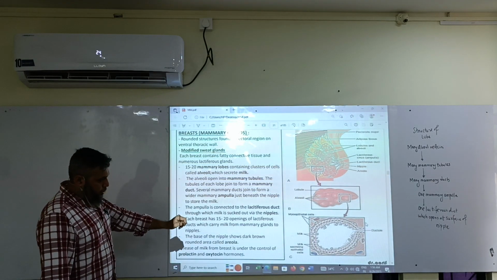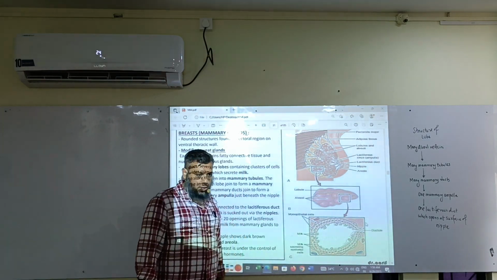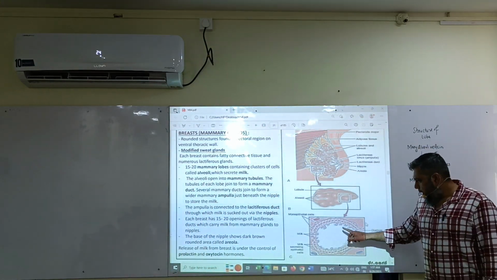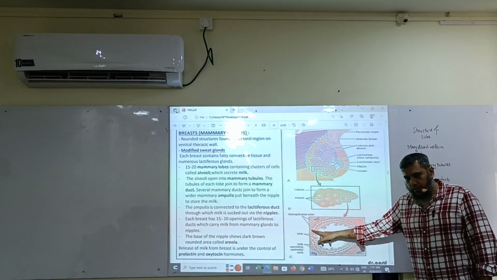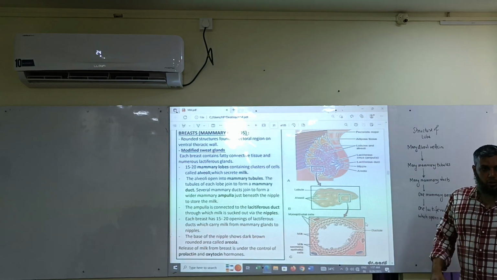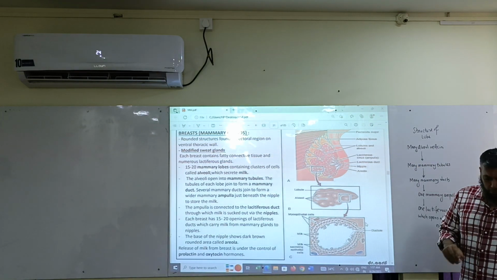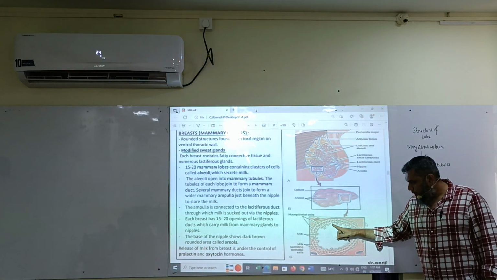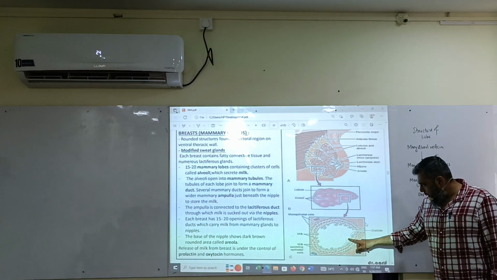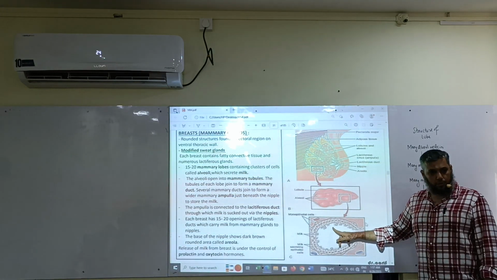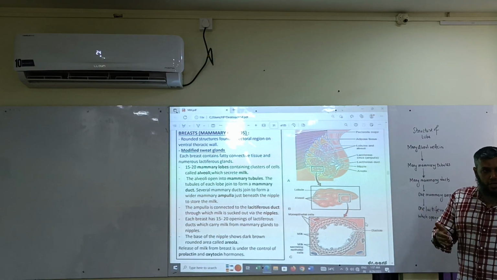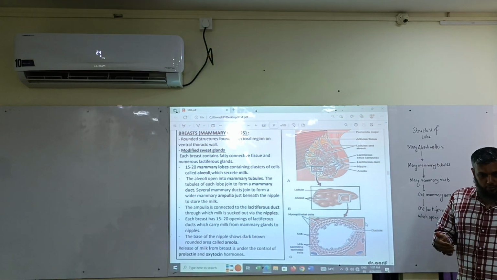And I think so this particular diagram I had showed you while I taught you prolactin and oxytocin. I had drawn it, that they are covered by a myoepithelial tissue. You remember? Oxytocin acts on the myoepithelial tissue and causes the milk release, milk ejection. And inside it is made up of milk producing cells, okay, which are secreting milk into this particular lumen. So each mammary gland is a modified sweat gland.